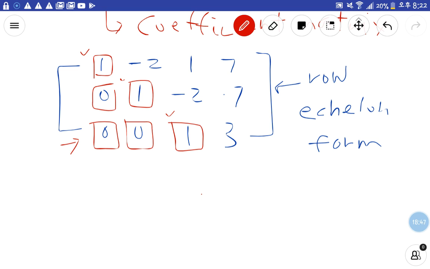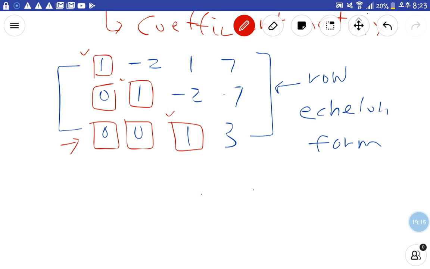You are going to have 1, 1, 1 as a diagonal. First row, first column should be 1. Second row, second column should be 1. Third row, third column should be 1. Now in the second row, the first column needs to be 0 every single time. And in your third row, the first column and second column should be 0.